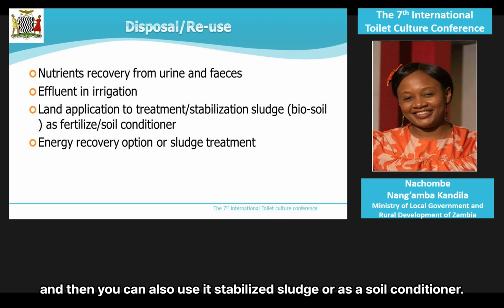You can also use it for stabilization of sludge, and of course, you can use the stabilized sludge as a soil conditioner.